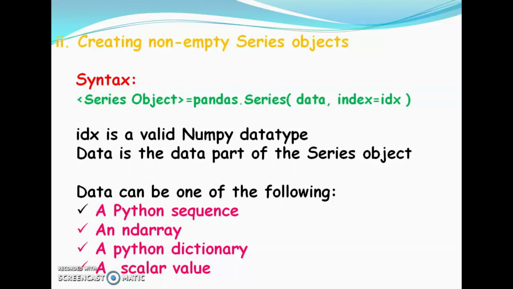Then the second one is creating a non-empty series object. How to create it? We already discussed that a series object has two different components, the data and the index part. So the syntax is series object, any valid variable name, equal to pandas dot series.